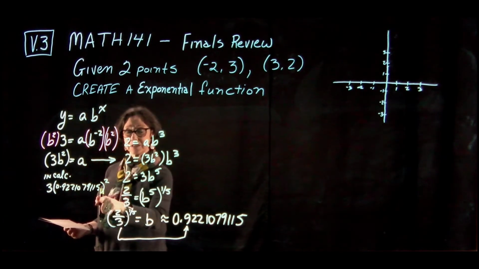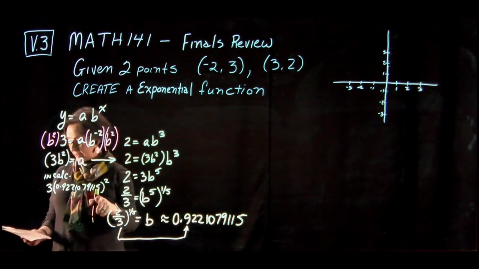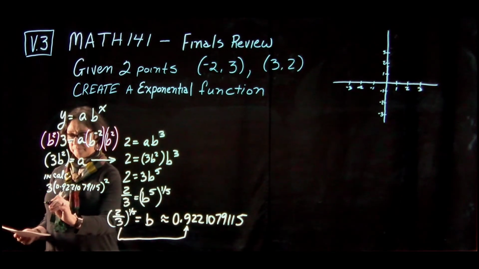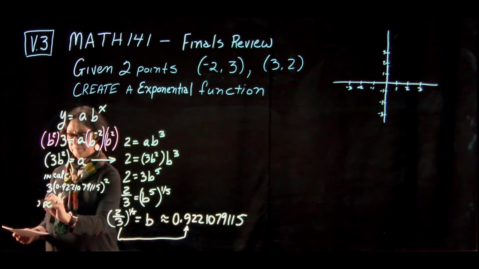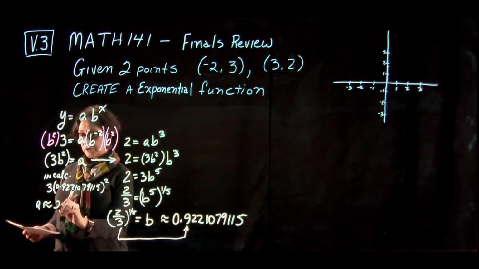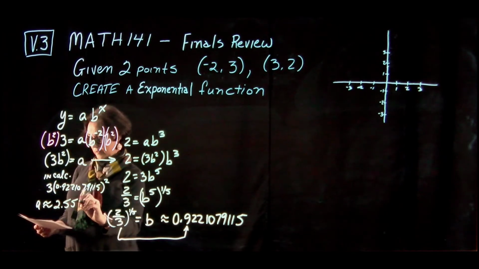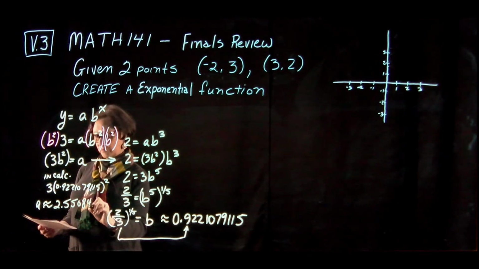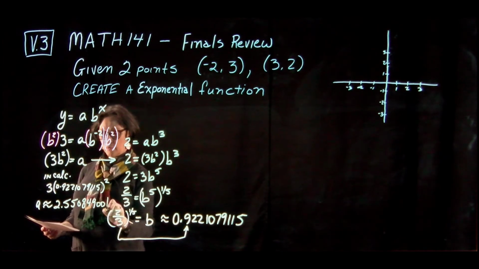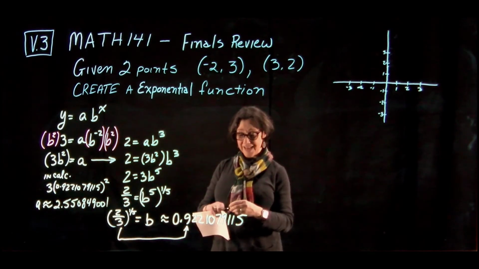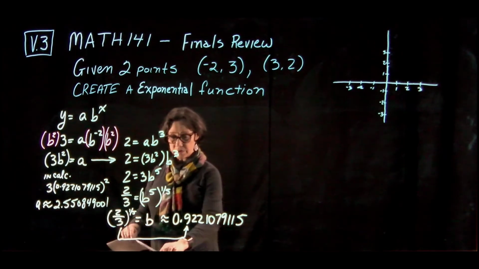I'm not rounding it till the very, very end. And this gives me an approximate value for a as 2.550849001.